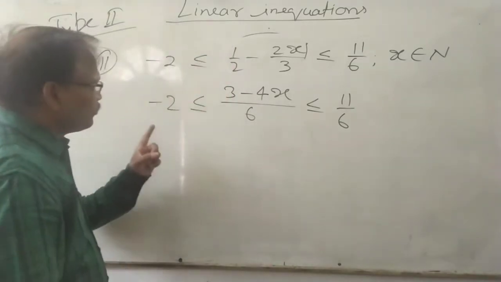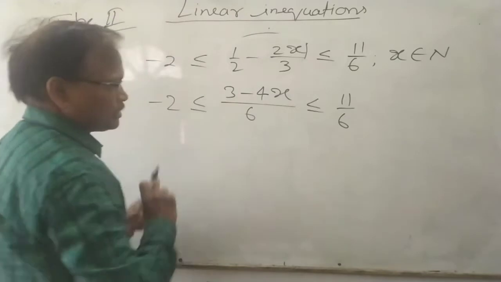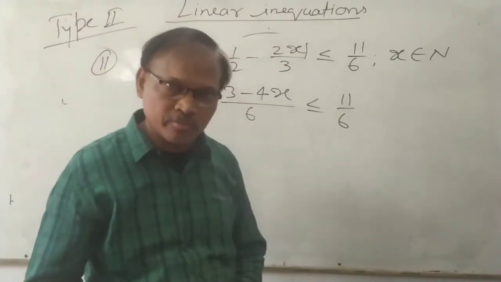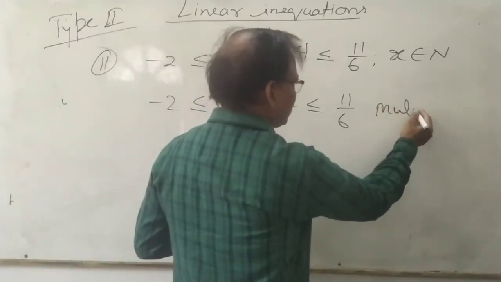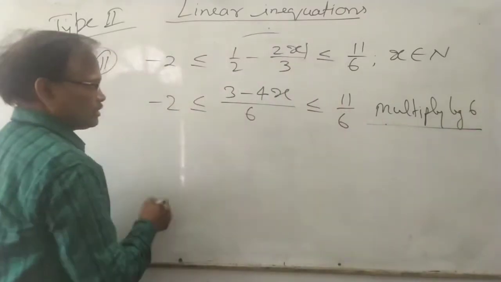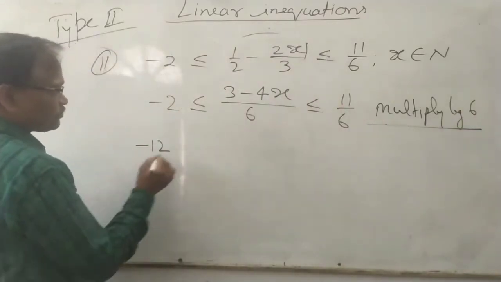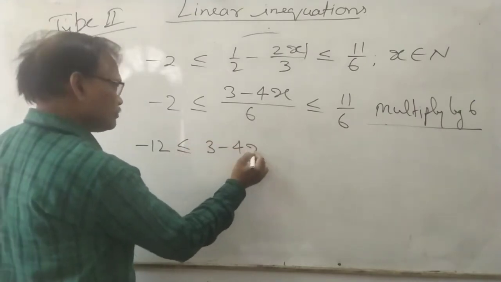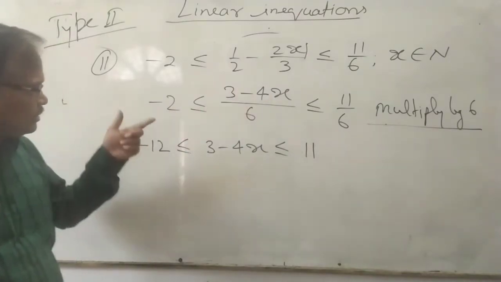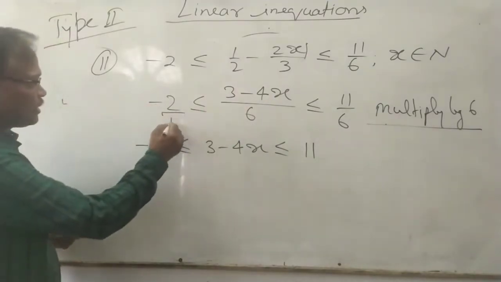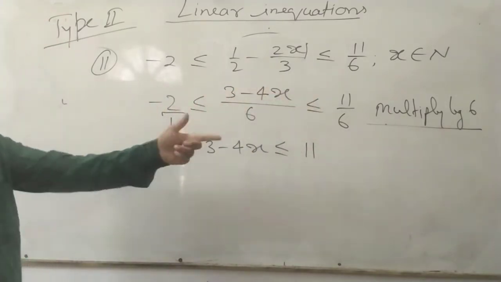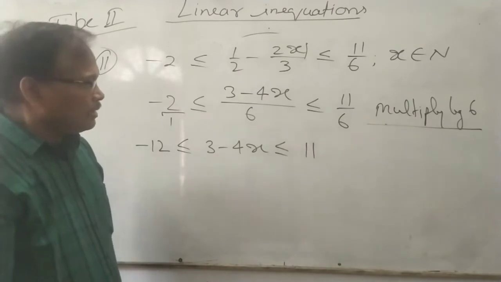If you multiply all the sides by the LCM 6, the 6 will be cancelled from the denominator. So multiply by 6 on all the sides. Where there was no 6, multiplying by 6 gives the same.